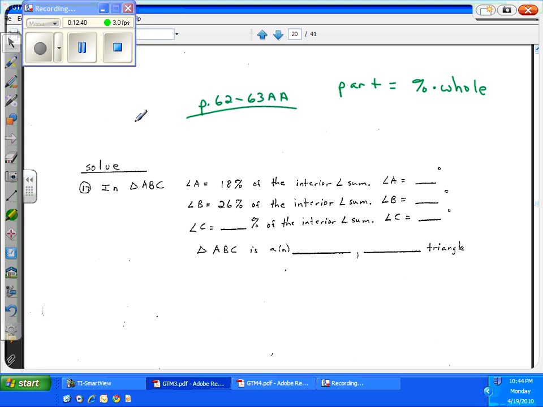But based on that, if we want to find a part or a percentage of something, we take that percentage as a decimal times the whole thing, and a whole triangle is 180 degrees. So if we take 18% of 180 degrees, it would give us the measure of angle A. And 18 squared is 361.